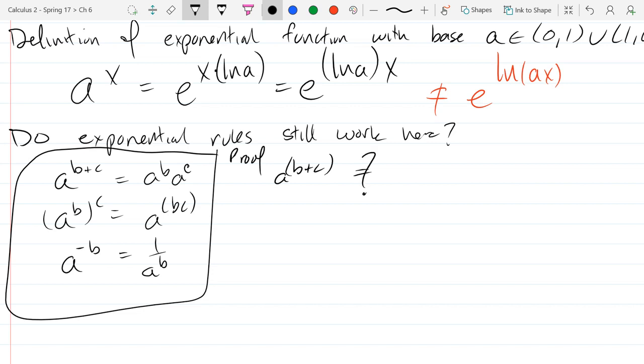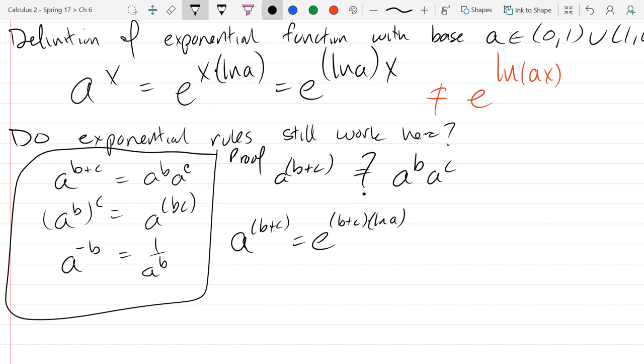So I don't know if this equals a to the b times a to the c. What we're going to do is use the definition right above. So what's a to any power? a to the b plus c equals, just from the definition, e to the b plus c times ln of a.